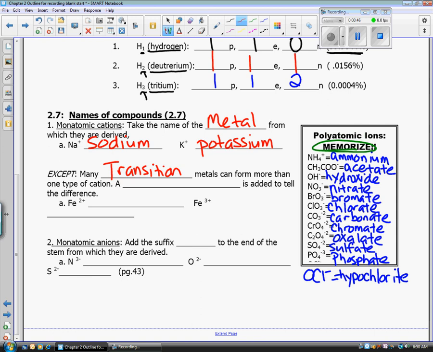So we use a Roman numeral to tell the difference. So like Fe+2 is actually iron, Roman numeral 2. Fe+3 is iron, Roman numeral 3. I'll write over here too because my line got moved. So it still starts with that word iron. It just gets a different Roman numeral.